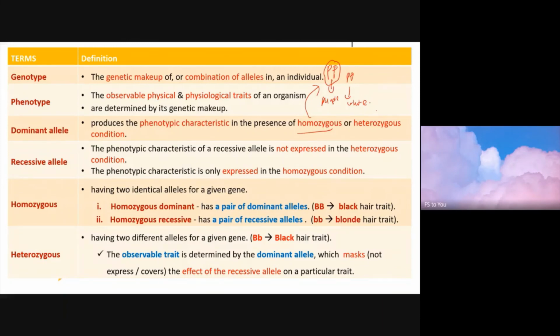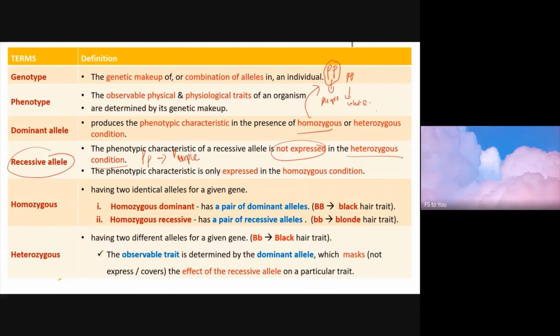Kalau recessive allele, the phenotypic characteristics is not expressed in the heterozygous condition. Kalau capital P small p, dia tak hasilkan white flower, dia hasilkan purple. Sebab apa? The recessive allele is covered or masked by the dominant allele.